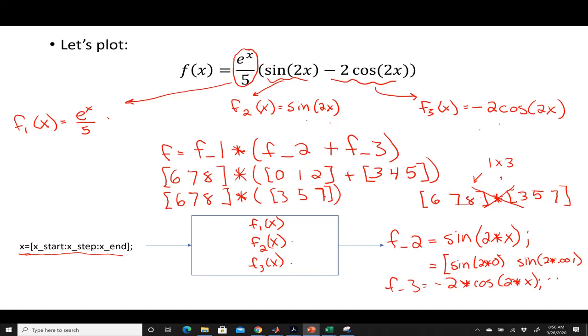What you want to have happen here is, if this value here is the value of f1 at x equal to 0, and this value here is the value of f2 plus f3 at x equal to 0, you want to have 6 times 3 in your result, 7 times 5, and 8 times 7.